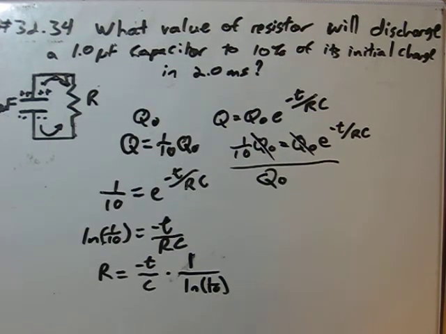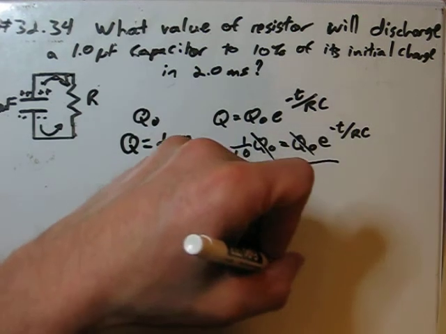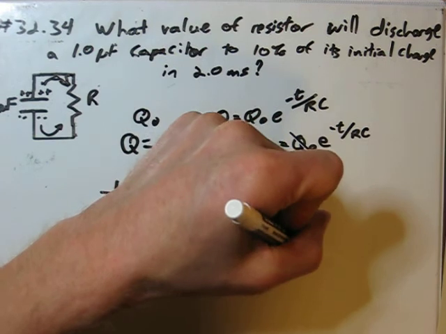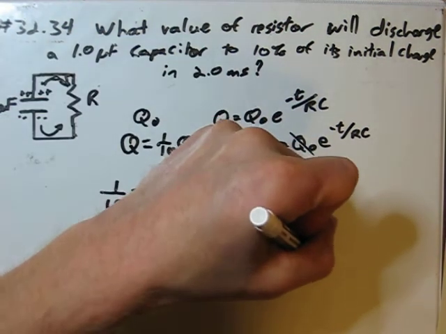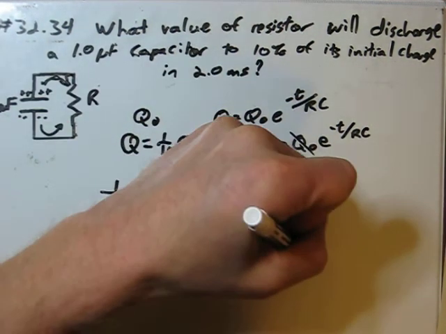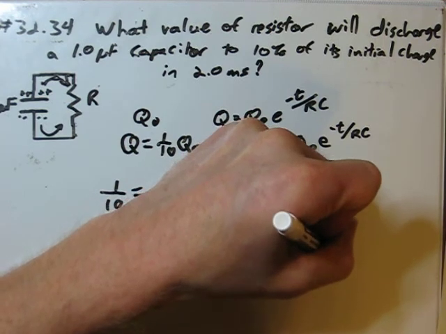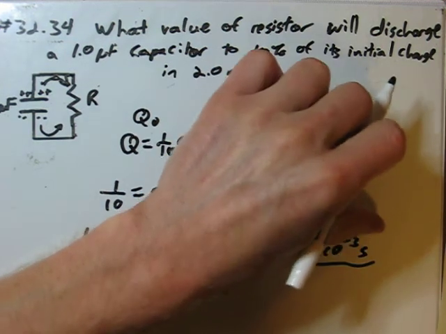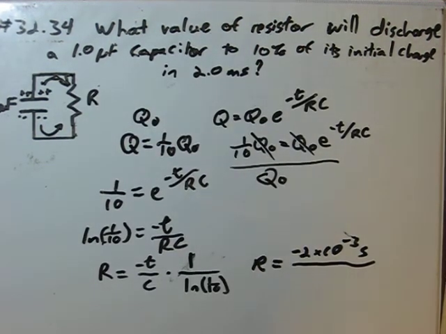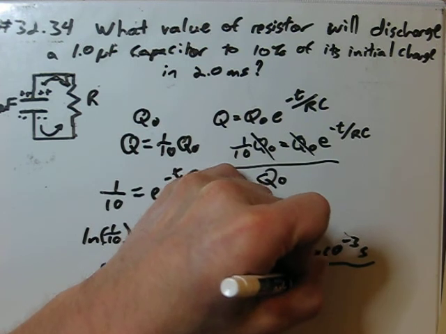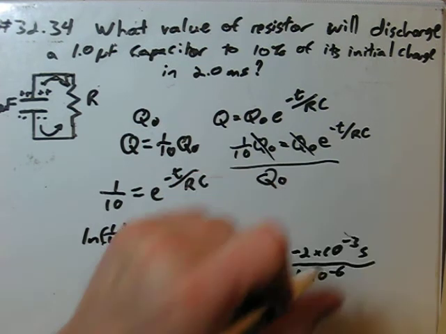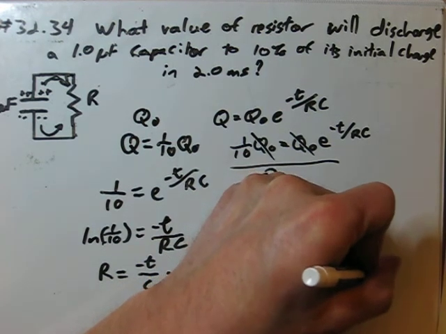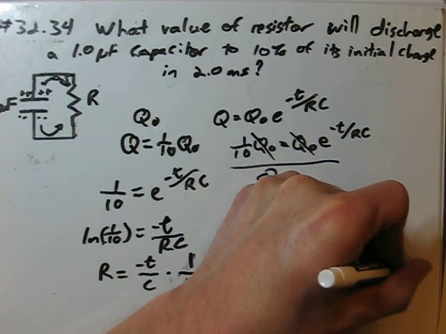Alright, so just throwing in some numbers so you get an idea of what this will look like. R equals, there's a negative in here, so negative 2 times 10 to the negative 3 seconds, over 1 times 10 to the negative 6 farads, that's microfarads, times this natural log of 1/10.